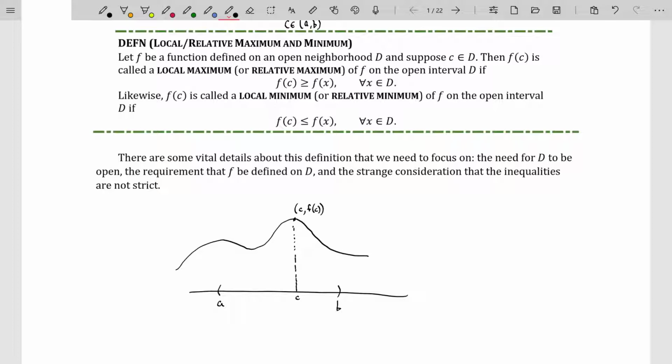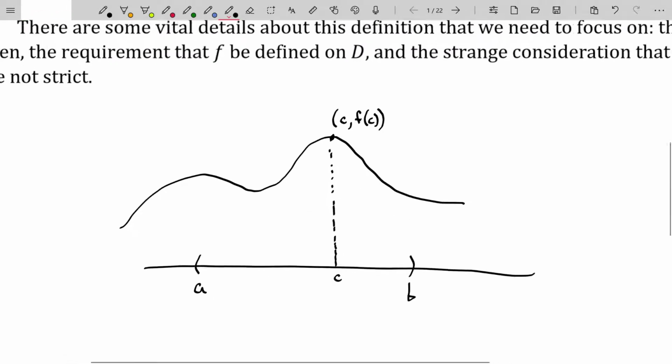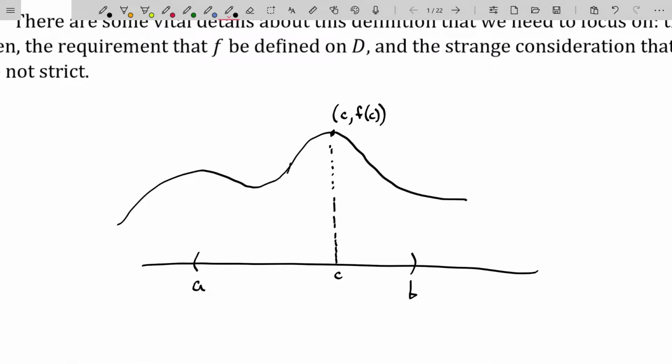So for example, kind of looks like, well, maybe not. Maybe I should draw this a little deeper. Let's pretend this dipped down like that. Then this point right here, D, which is D comma f of D, f of D would be called the local minimum on that interval.